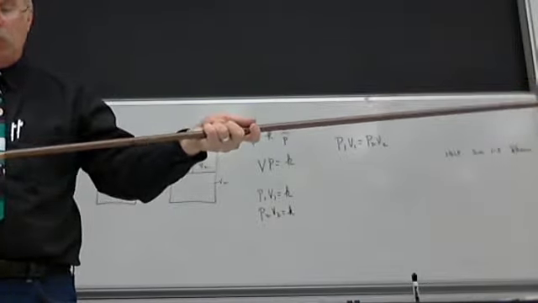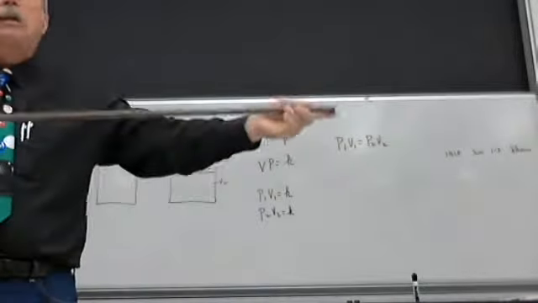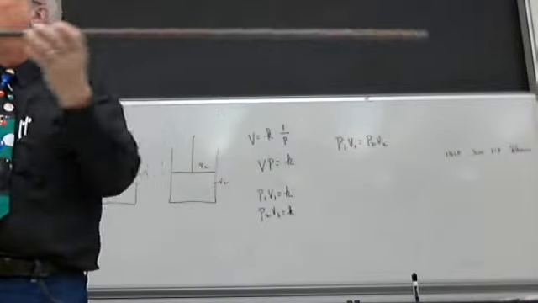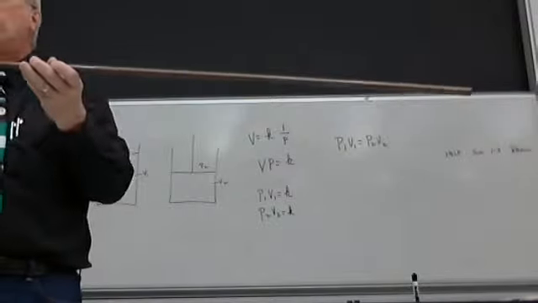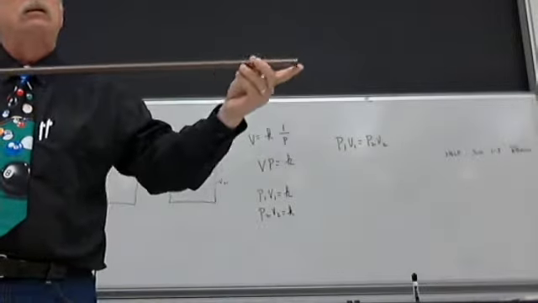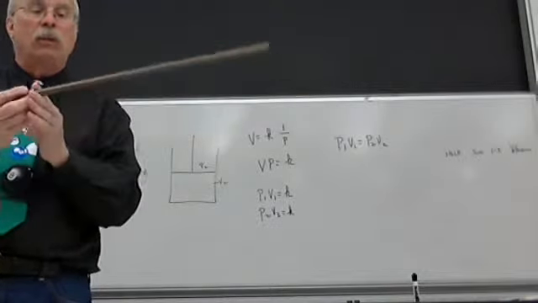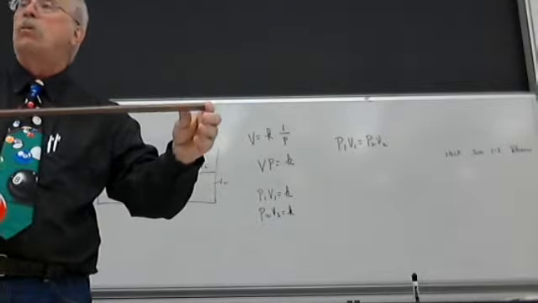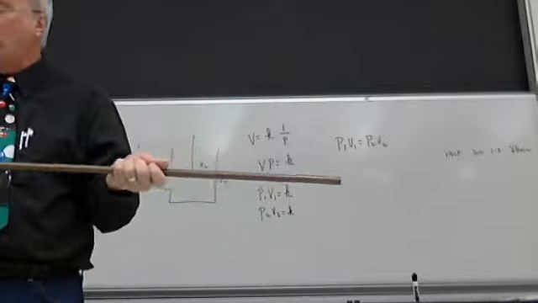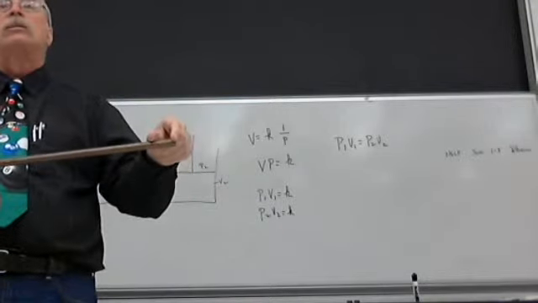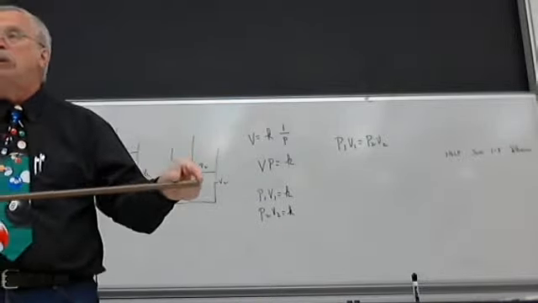And what you can see I'm going to be doing is, right now there's a certain volume in the tube. If I were to push this rod in, what am I doing? I'm changing the volume, because now if it's here, then the effective gas is only in this much of the tube. And if I push it all the way in, then the amount of gas is only in this part of the tube here.